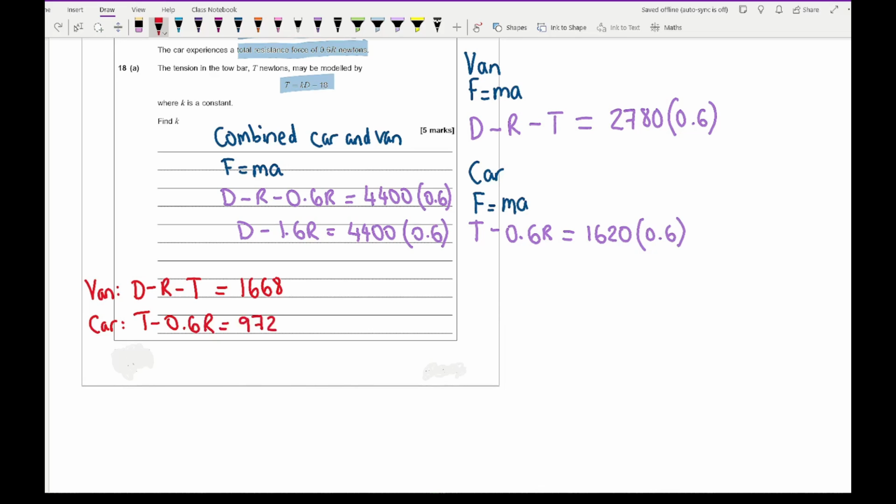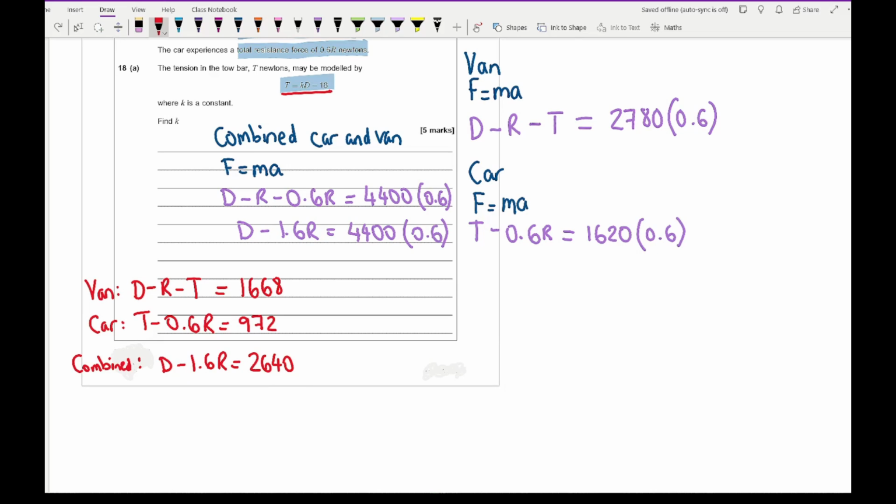And if we did combined together that would be D minus 1.6R equals 2,640. Now it says that you can replace T with kD minus 18 at any stage.